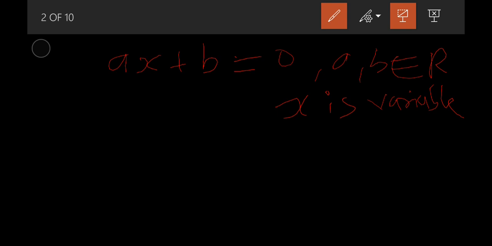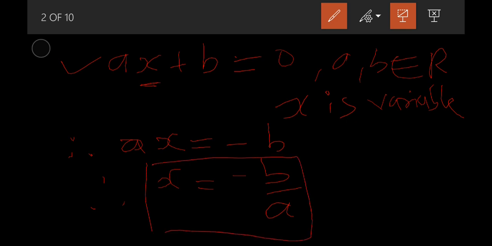If you want to find the zero or the root of a given linear equation, that is the value of x, then ax is equal to, let me move b to the RHS, then we get minus b, and hence x is equal to minus b by a.